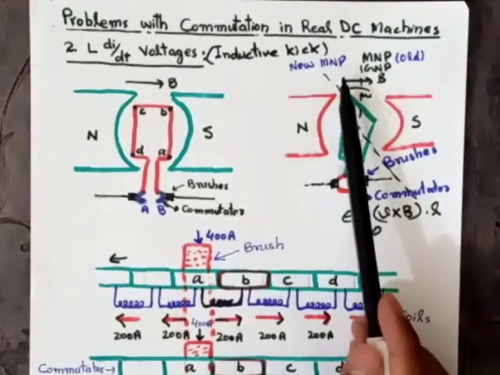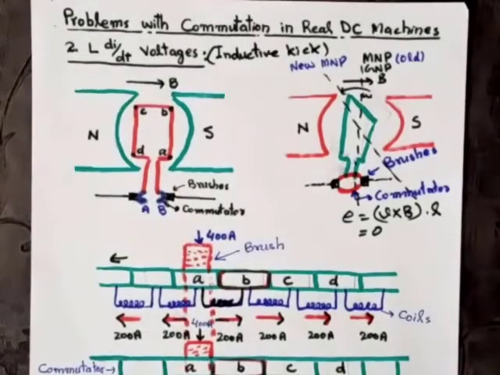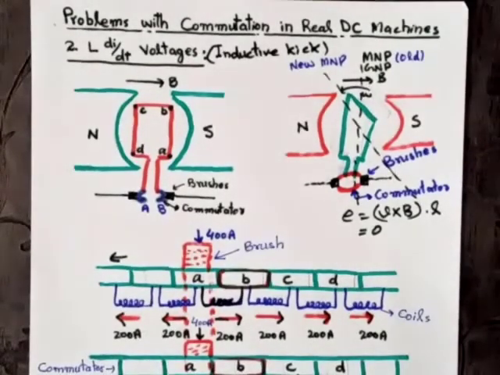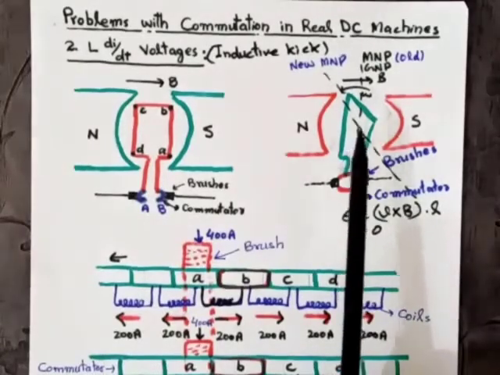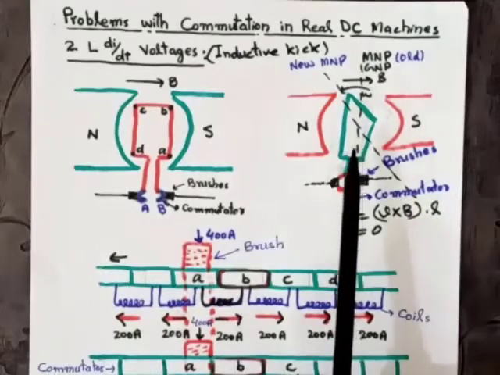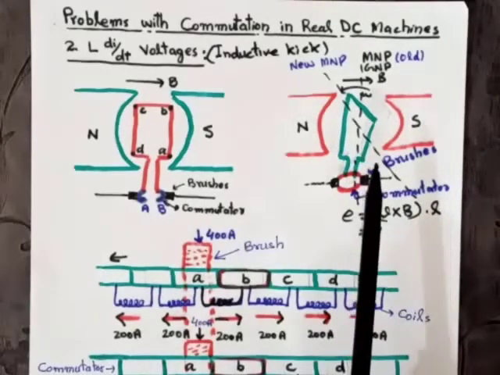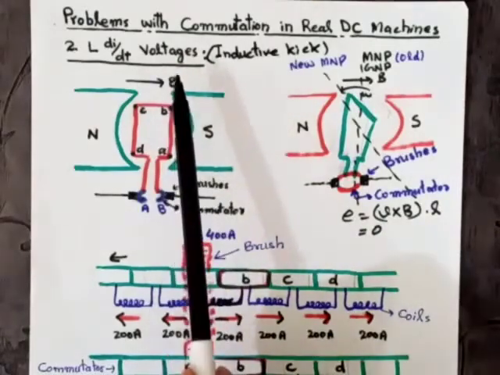When the magnetic neutral plane is shifted, it is possible that a voltage will be induced at that time as well. This was a very crude explanation of commutation. So now we will start L dI over dt voltages.